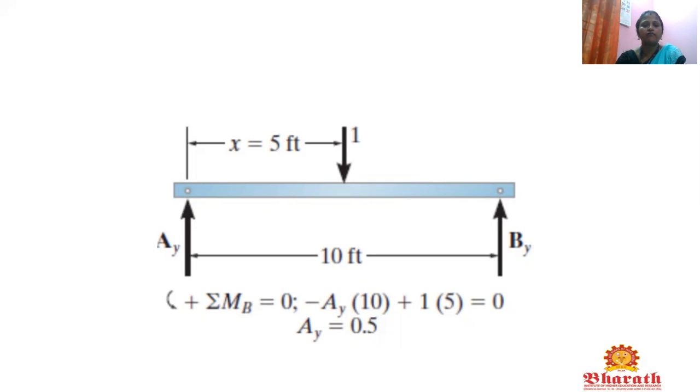So we have to come from A. So minus AY into what is the total distance? 10, plus what is the load acting on the structure? 1. So 1 into what is the distance? The 1 is acting 5 from A point, equal to 0. So AY is equal to, this 5 will go to that side, so minus 5 divided by 10 is 0.5.